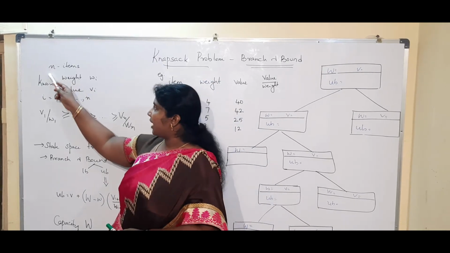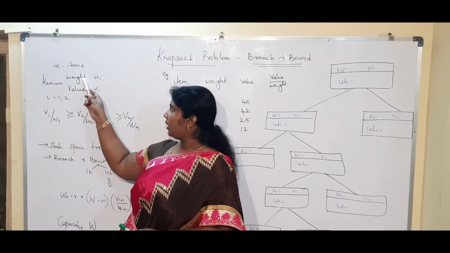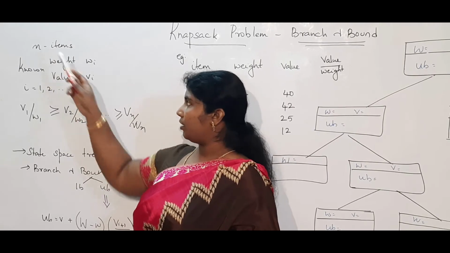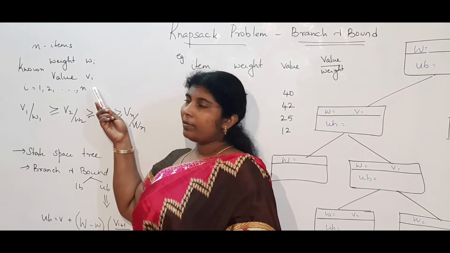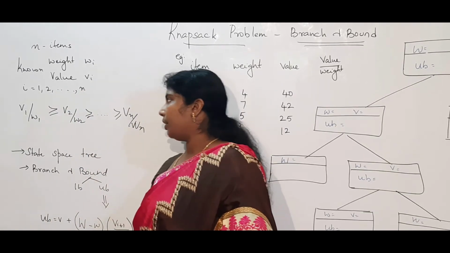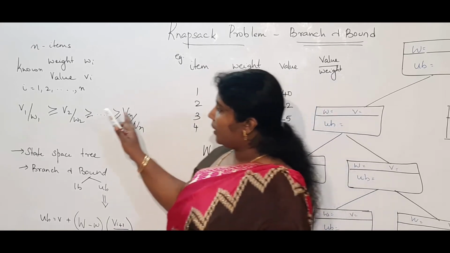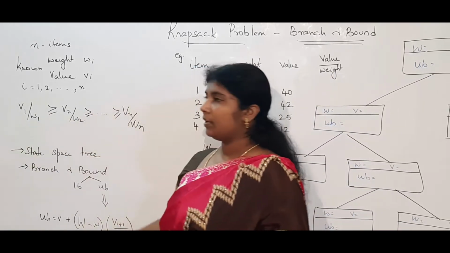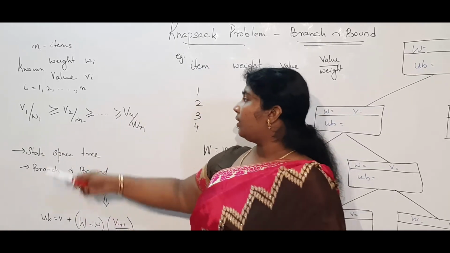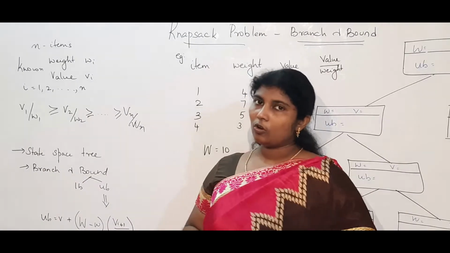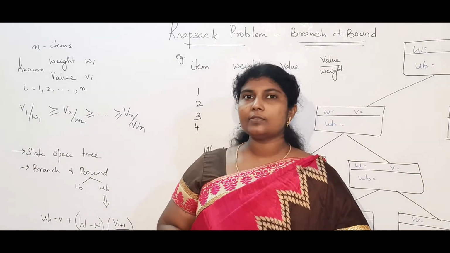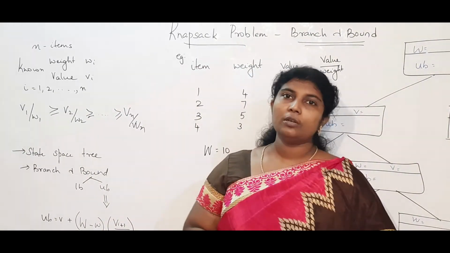So we have n items with weight Wi, where i ranges from 1 to n. However many items there are, we will have that many weights and values. They are ordered so that the first item has the highest value divided by weight, the second item's ratio is less than or equal to that of the first, and the last item has the least of all, in the case of branch and bound.